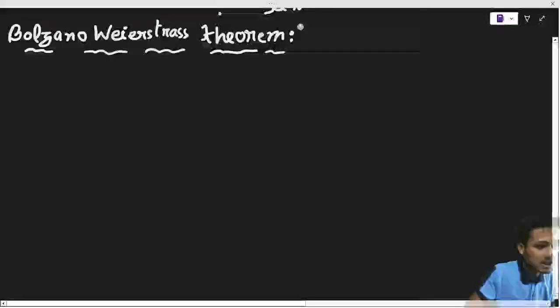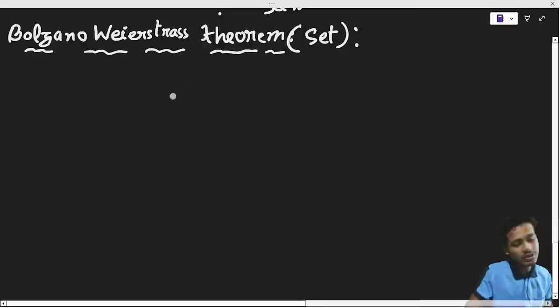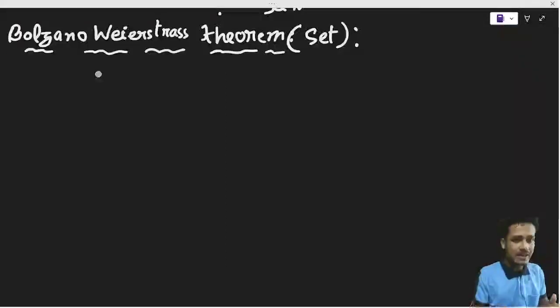ब्रैकेट में यहाँ पे लिखना चाहता हूँ, ये सेट के लिए है. तो क्या बोलते हैं Bolzano-Weierstrass थ्योरम हमें क्या कहते हैं? वो ऐसा कहते हैं कि if there is an infinite bounded set, then the set has a limit point.